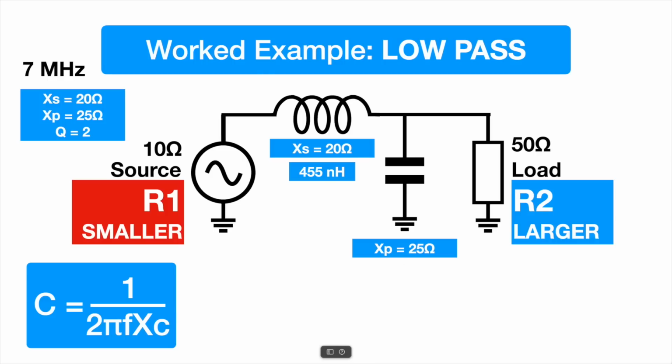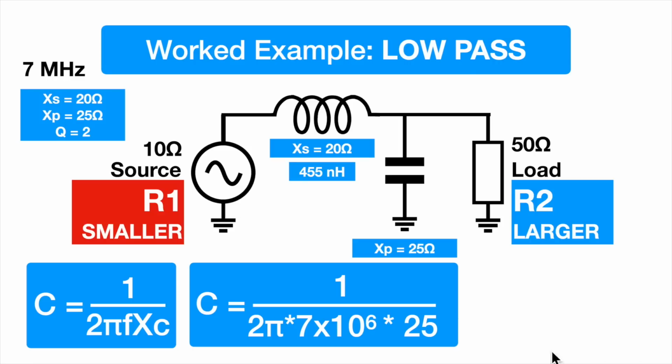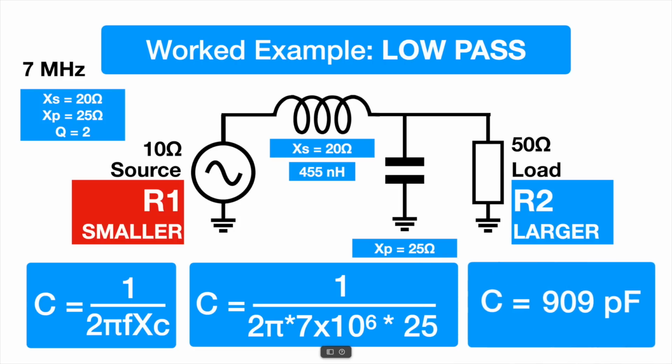So let's plug those numbers in. That gives us 1 over 2 pi times 7 times 10 to the 6 times 25, this value here. And when you calculate that, you get a capacitance of 909 picofarads. So we put that in. And that's it. If you do that and you build that, it will work. It will take this 10 ohms and match it to the 50 ohms load.